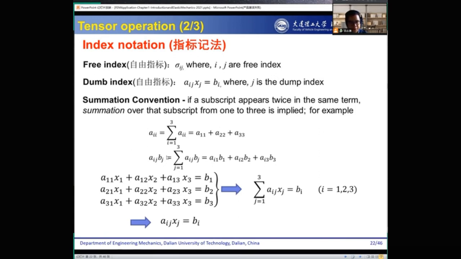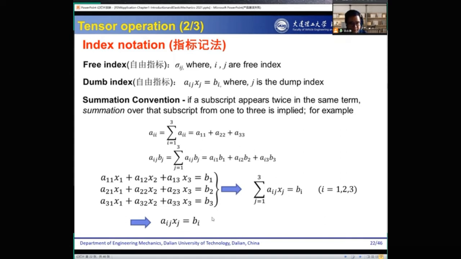So people use the index notation to simplify the writing, and it makes the writing more efficient and quicker. Here we have the equations, which become more complex. We have those equations, and we want to simplify them using the index notation.